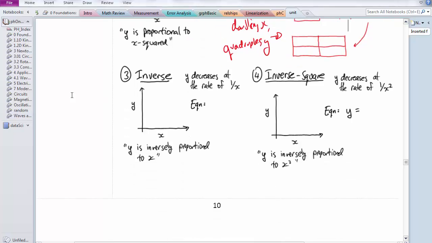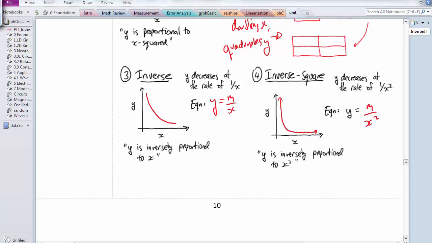We'll have more experience with these last two common relationships. They're inverse, which looks like that, and inverse square, which looks even closer to the axis. In this case, the general equation is y is equal to m over x, and inverse square is y is equal to m over x squared.